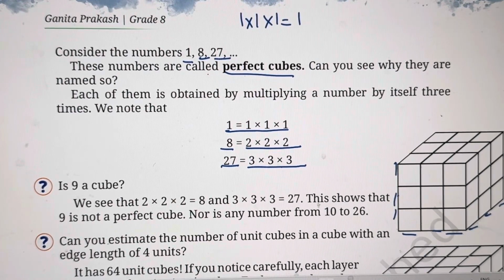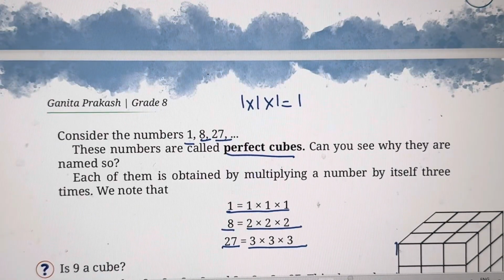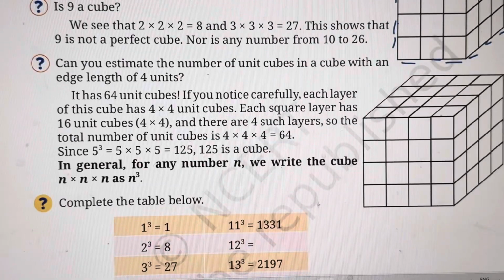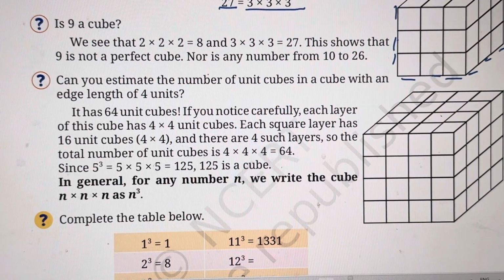Now there is a question asked, is 9 a cube? What do you think? How do we get 9? 9 is 3 into 3. We have learnt earlier that it's not a cube number, it's a square number. So 2 into 2 into 2 is 8, and 3 into 3 into 3 is 27.